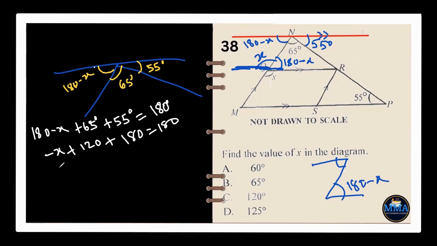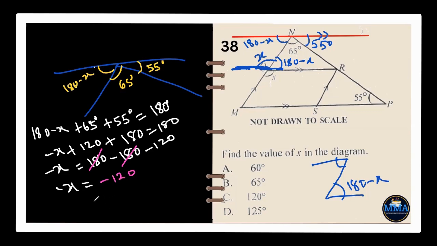We are going to collect: we have minus x equals 180 minus 180, then minus 120. So we have minus x equals, if we look at this, it's going to cancel. This will cancel, this will cancel. So we have minus x equals minus 120.